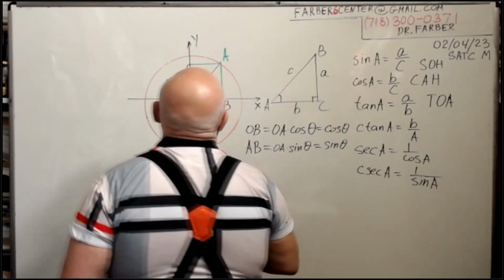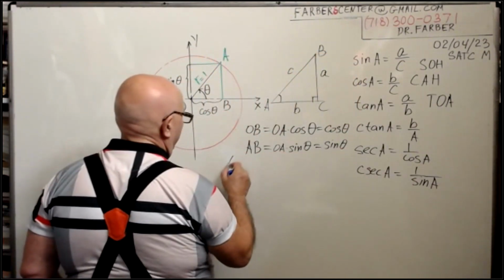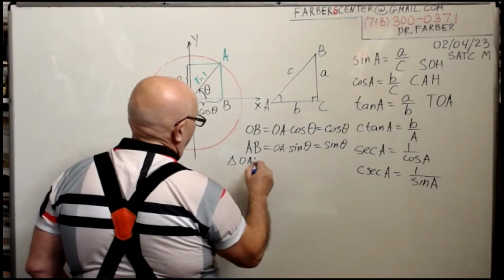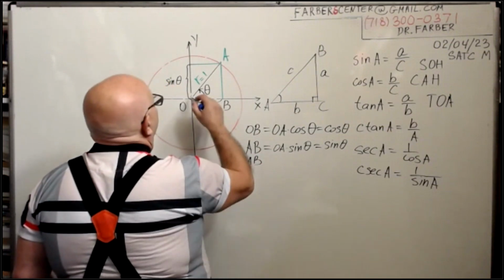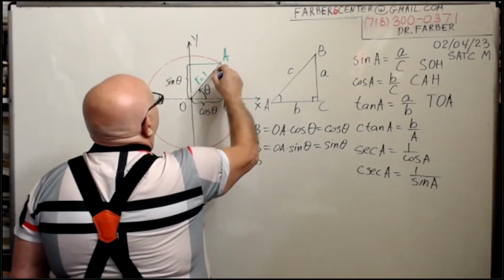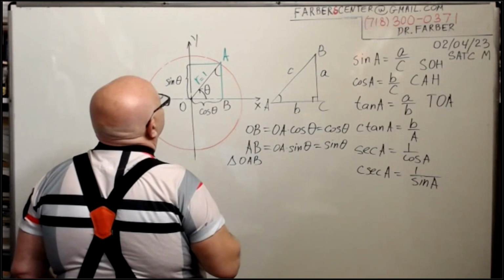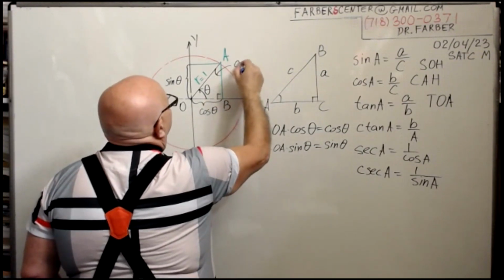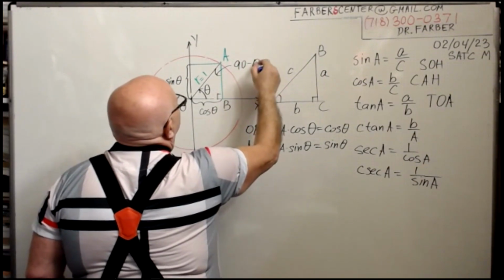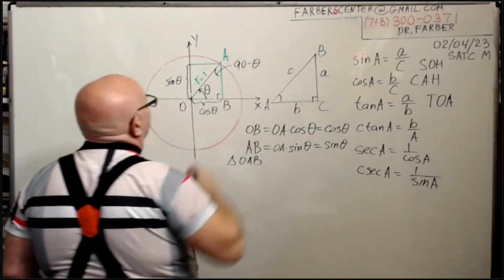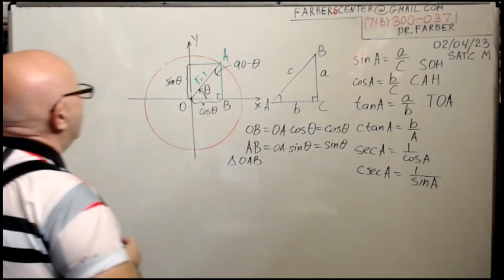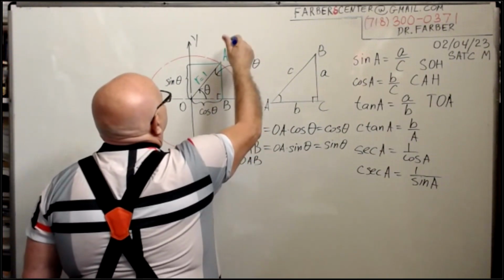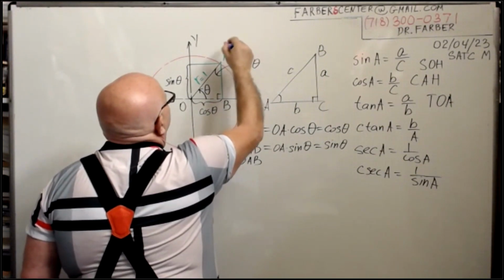One more thing. Since you know these angles are in triangle OAB, this angle and this angle are complementary. This angle equals, and this is 90 degrees, 90 minus theta. You can get a very important formula. Pretend I'm here, watching from this angle.